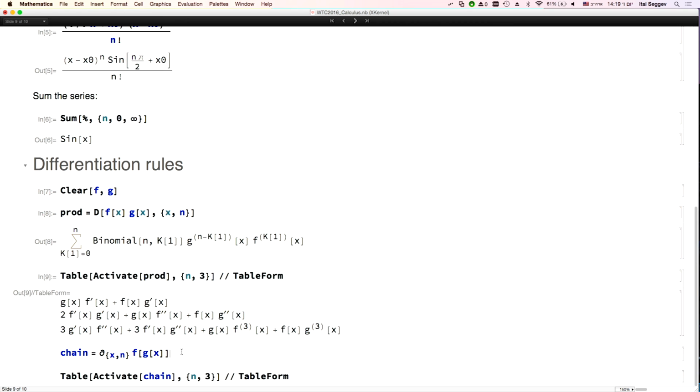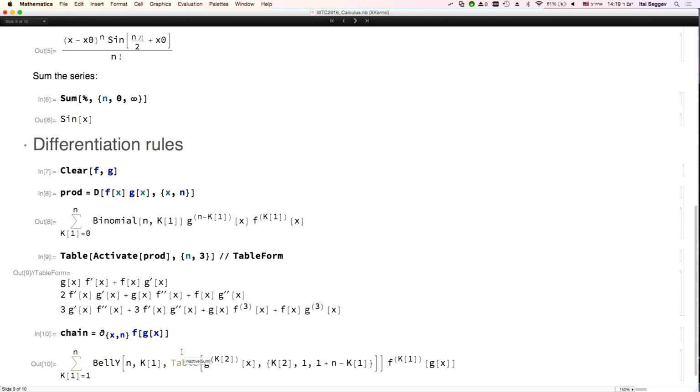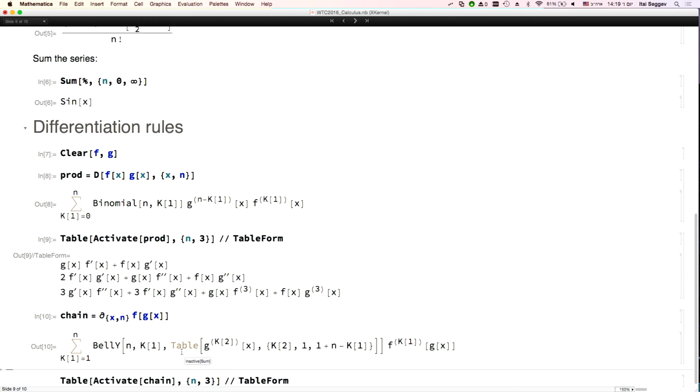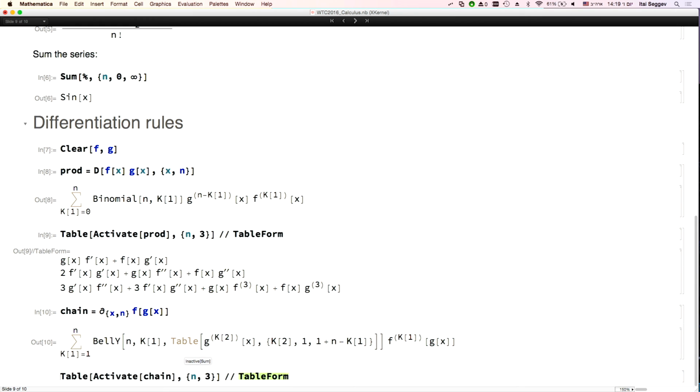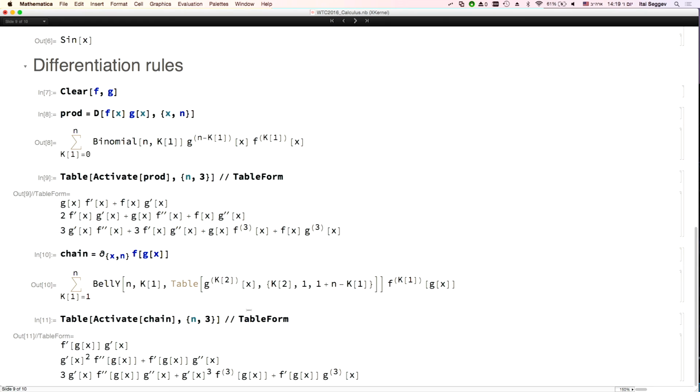There's also a generalization of the chain rule. I believe this is Faà di Bruno's rule. And it looks very complicated, but if we, again, make a table, then we have easy to understand formulas. The first one is clearly the normal chain rule.